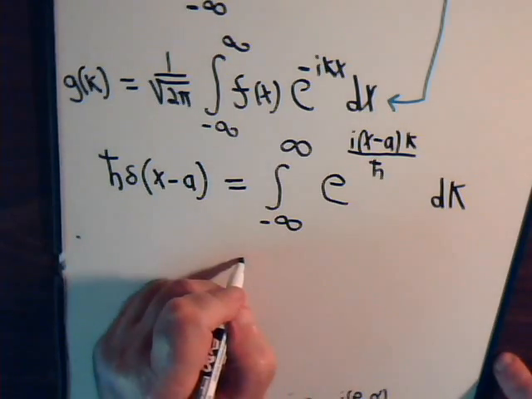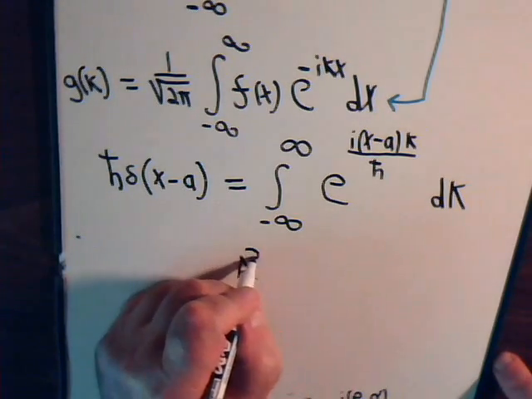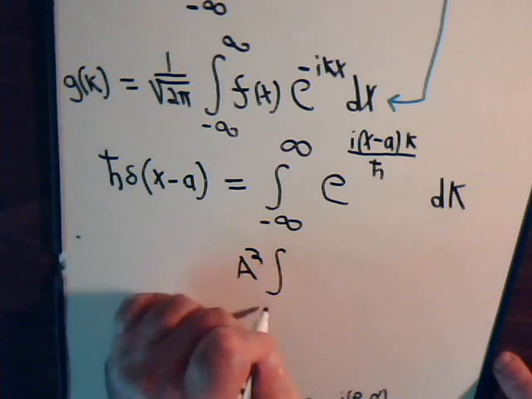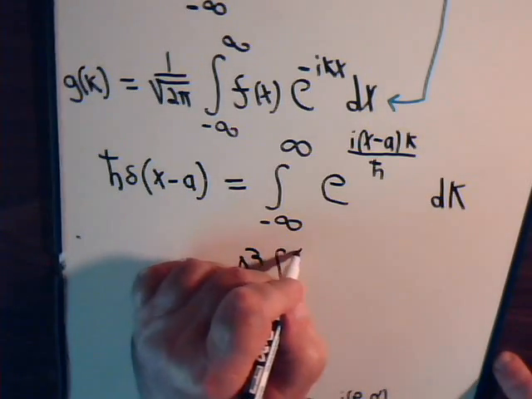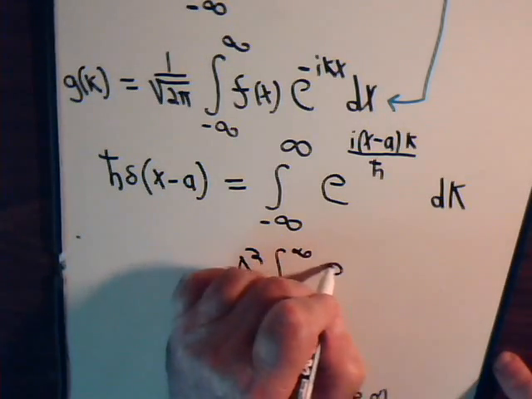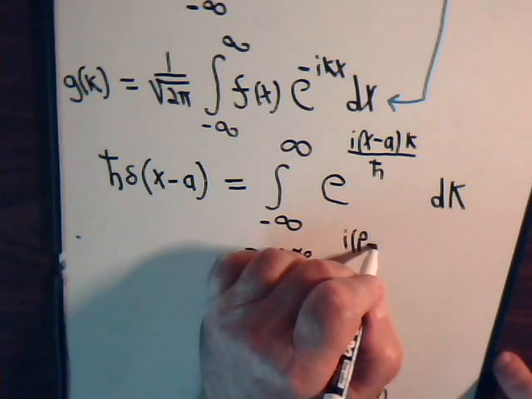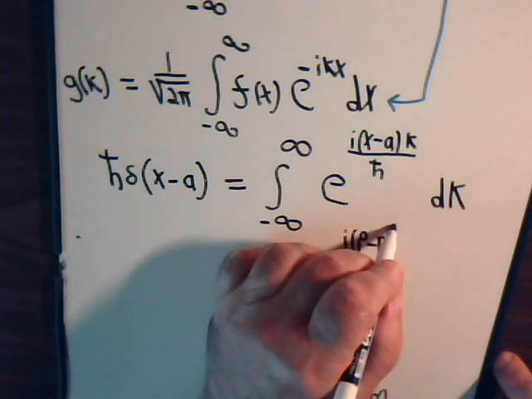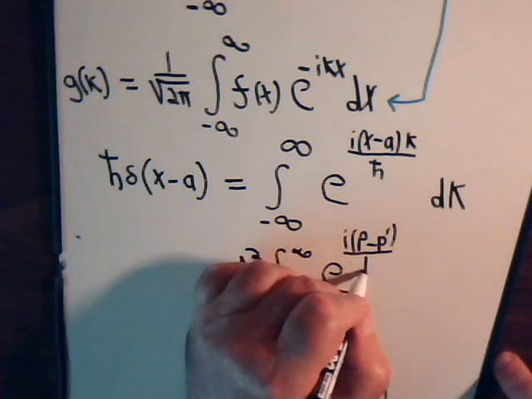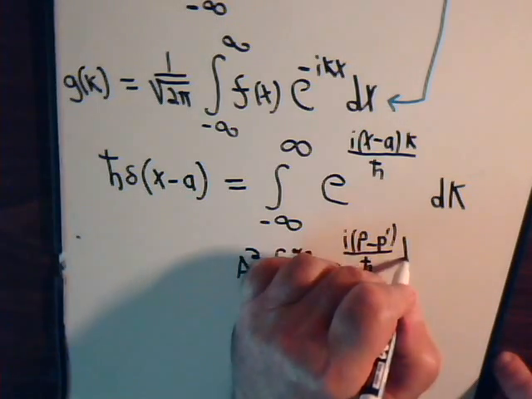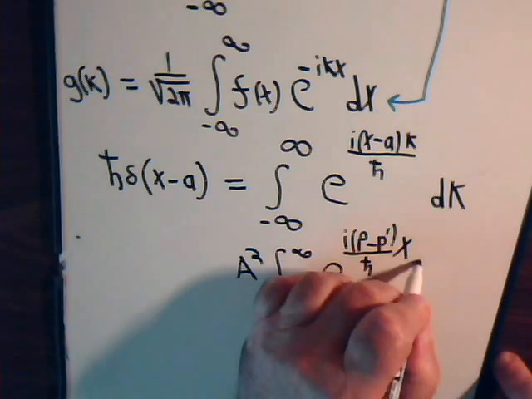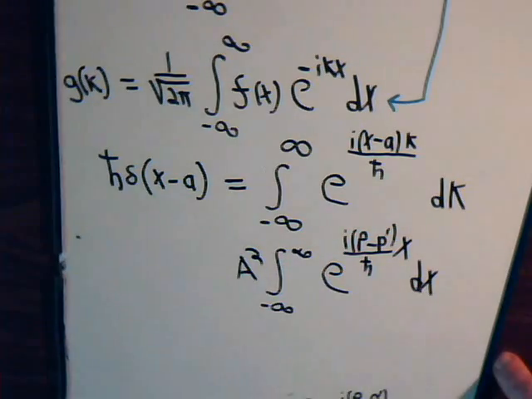So we have a squared, the integral from minus infinity to plus infinity, e to the i (p minus p prime) over h bar times x dx.